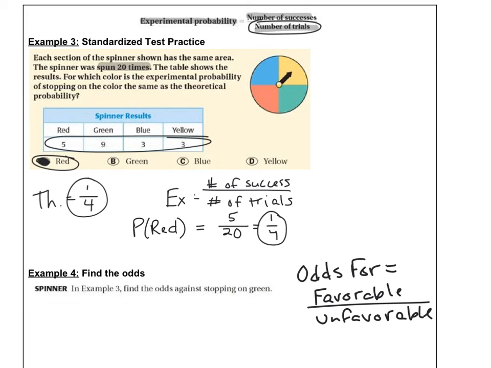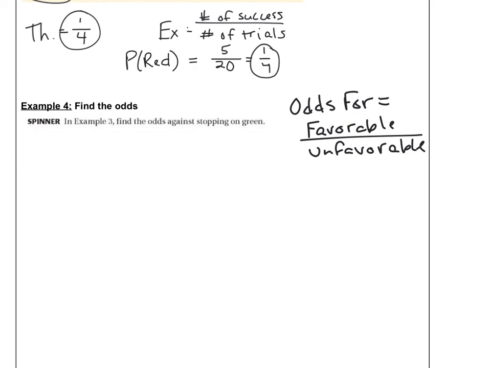And so therefore the odds against is exactly the opposite. You're going to have unfavorable over favorable.